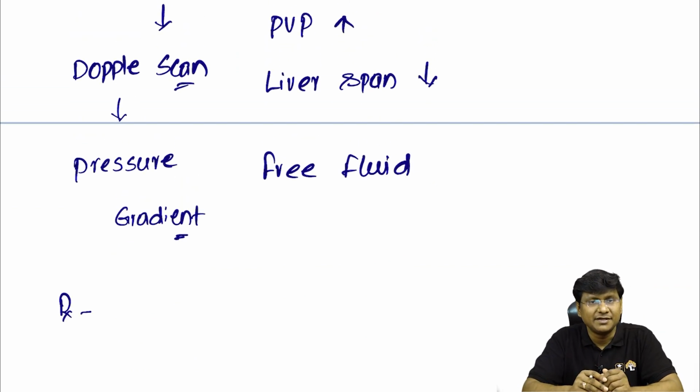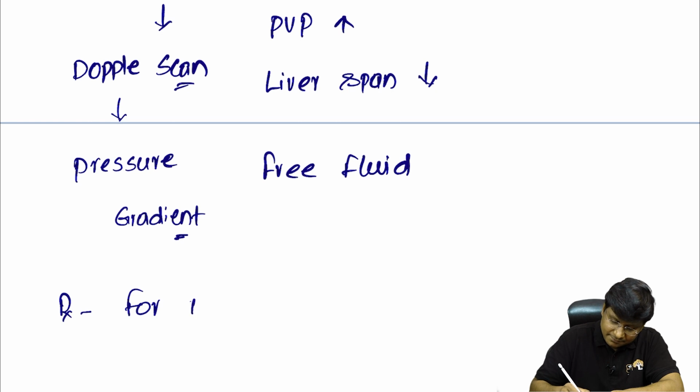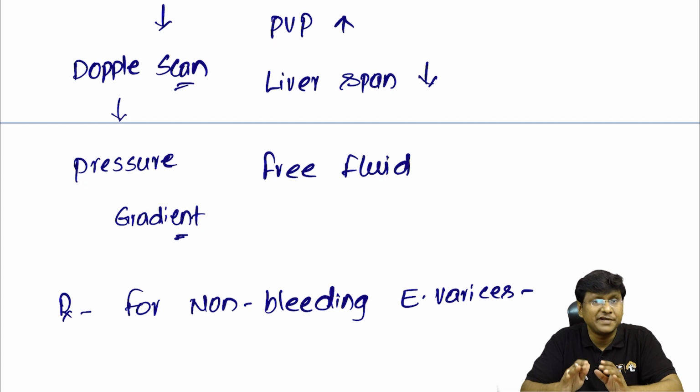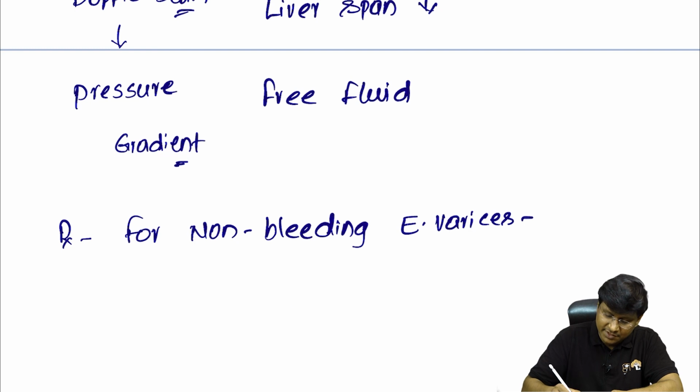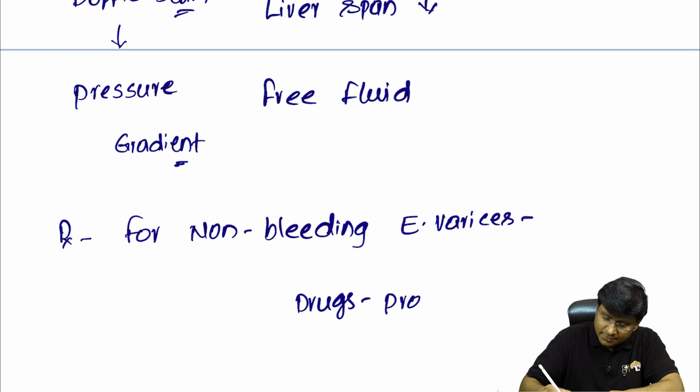If you observe the treatment for non-bleeding esophageal varices, what exactly is the treatment? For non-bleeding esophageal varices, we can give the drugs, that is beta blockers, for example propranolol, or another important molecule, that is nadolol.